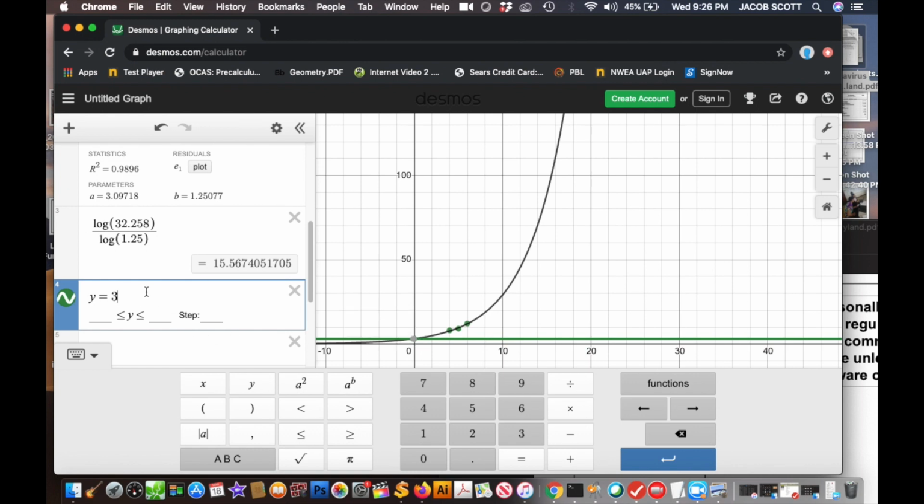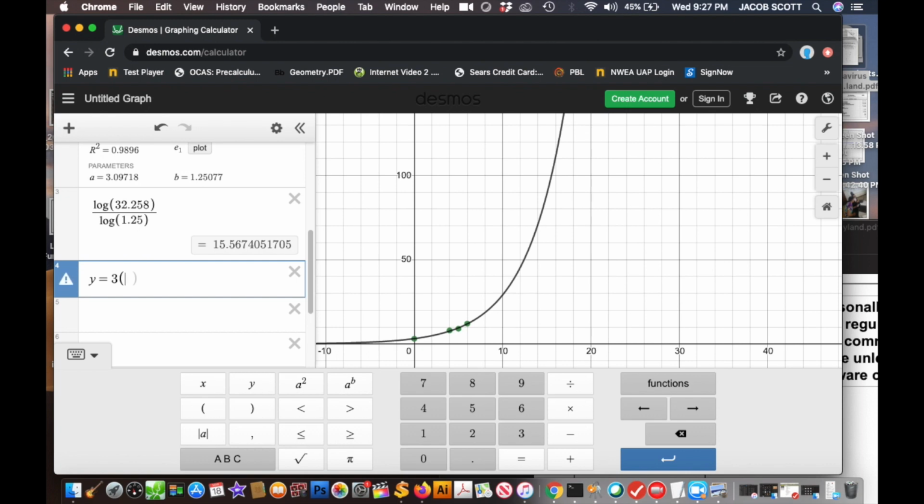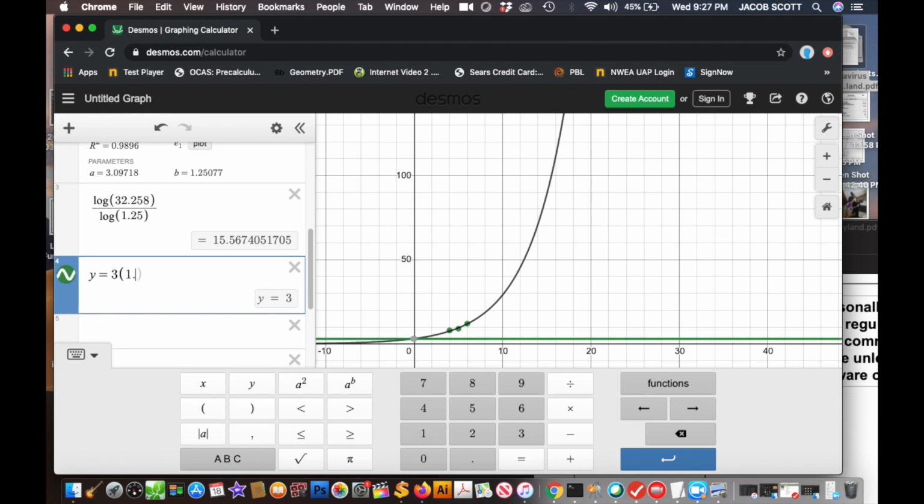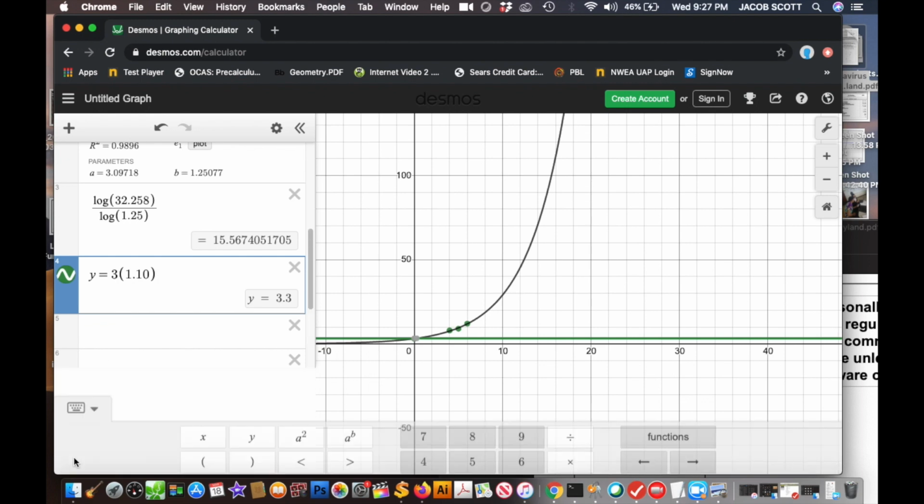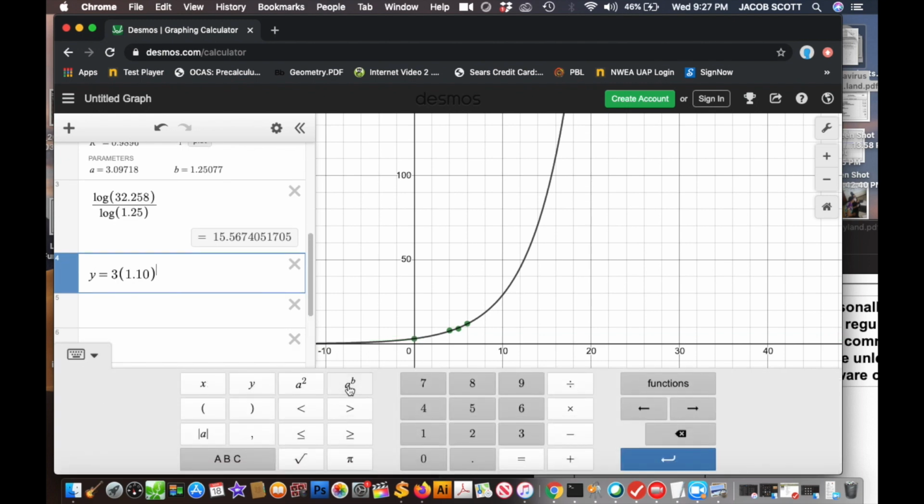But what we can change is the growth factor from 1.25 to, let's say, 1.10, 3 times 1.10 to the x.